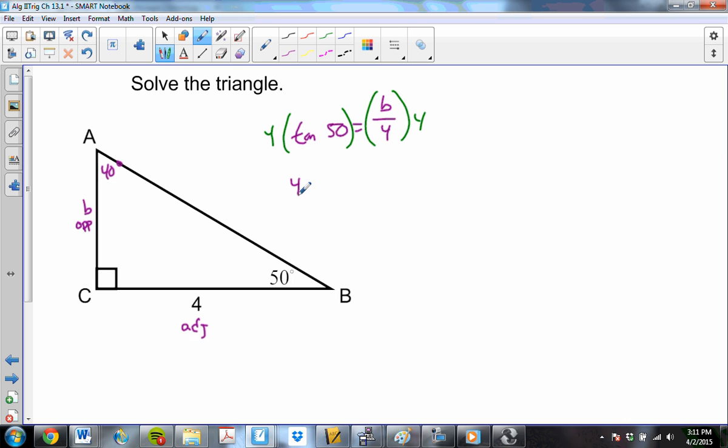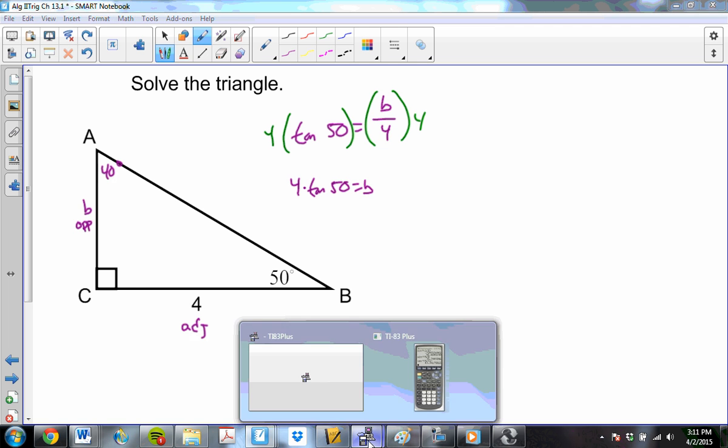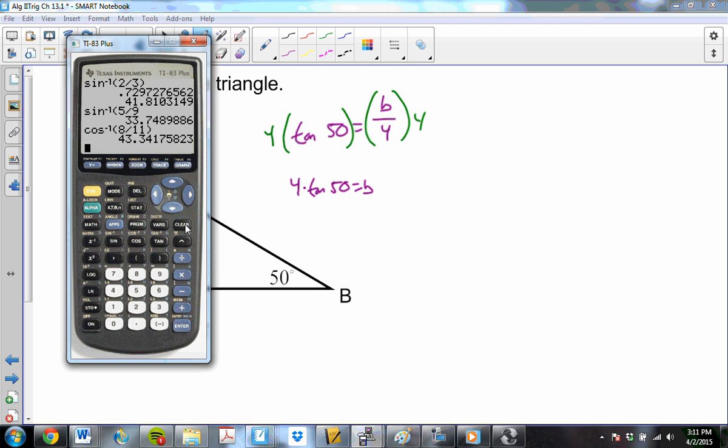I get 4 times the tangent of 50 equals B, and I just calculate that. 4 times the tangent of 50. So side B is 4.77.